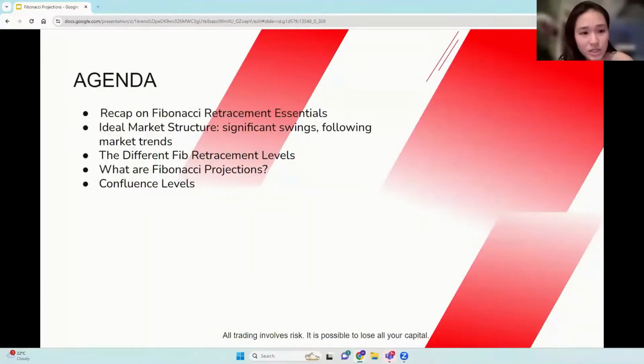So here's today's agenda. We'll do a brief recap on a Fibonacci retracement, the ideal market structure, and then we're going to look at the different Fibonacci retracement levels, and then we'll dive into this week's topic, which is on Fibonacci projections, and then we'll look at how we combine what we learned from the previous weeks and what we're going to be learning today on Fibonacci projections.